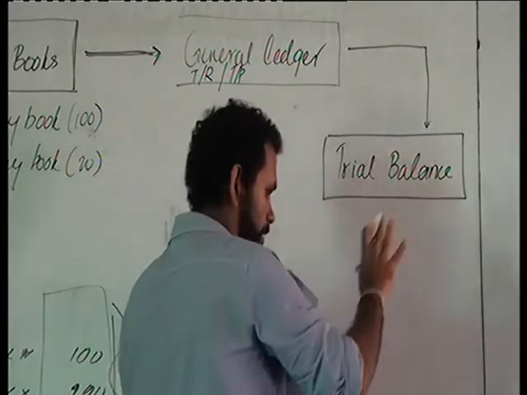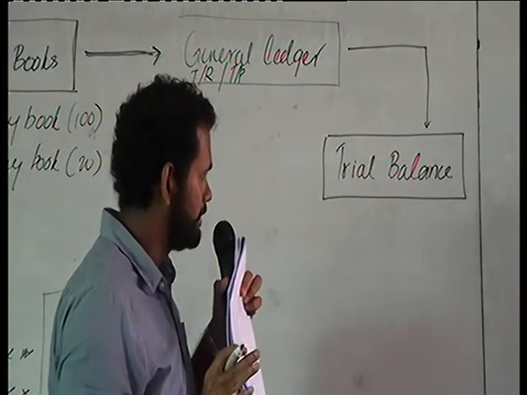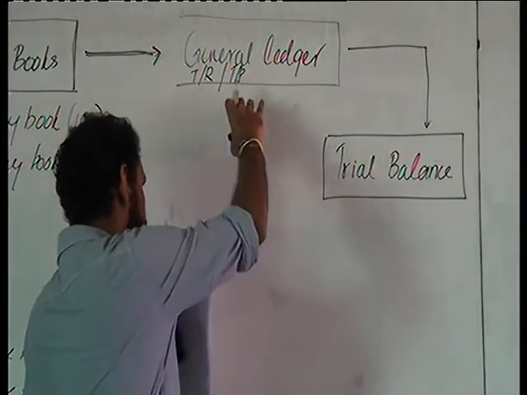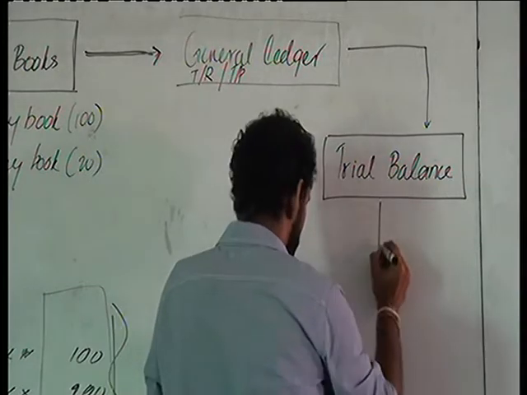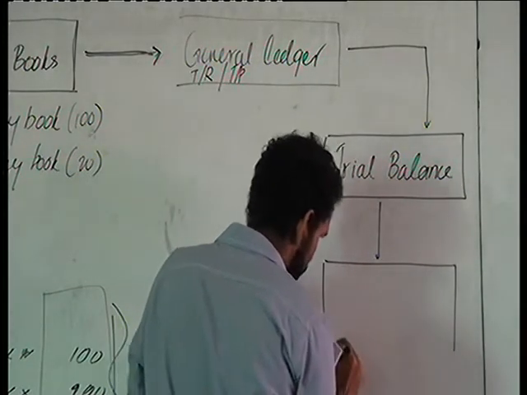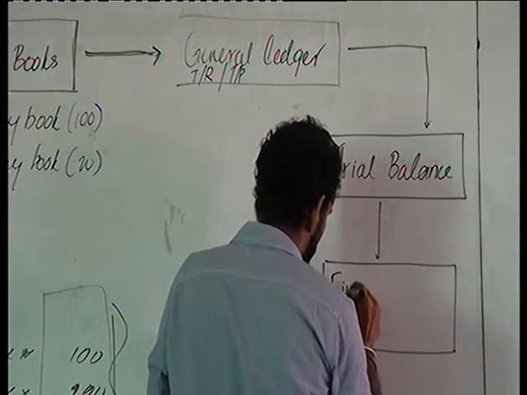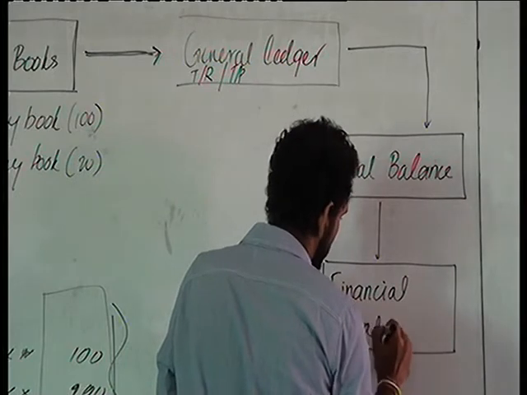Again, this is a statement. We'll discuss in detail what a trial balance is later. They will generate a trial balance out of this general ledger and the other ledgers. And from the trial balance, they will prepare the required financial statements.